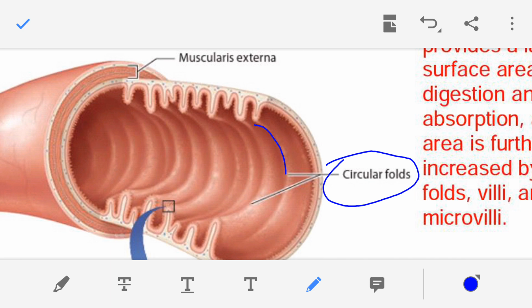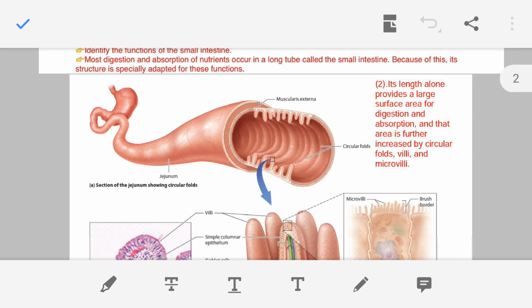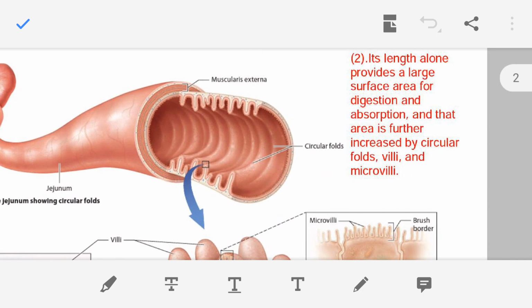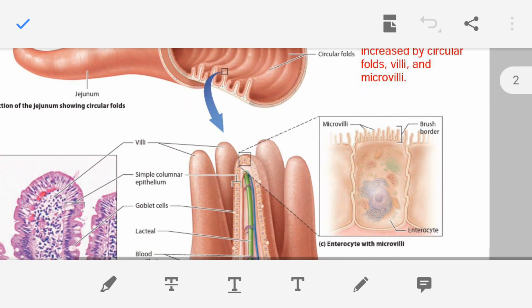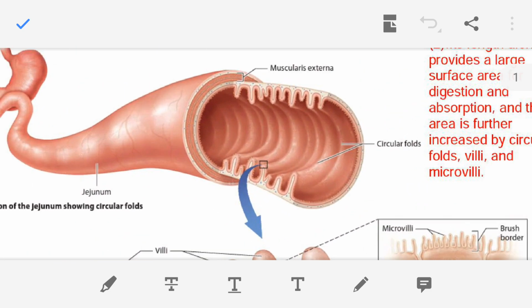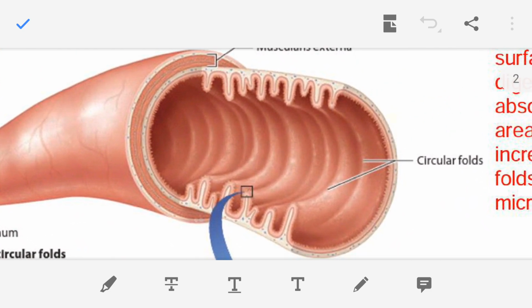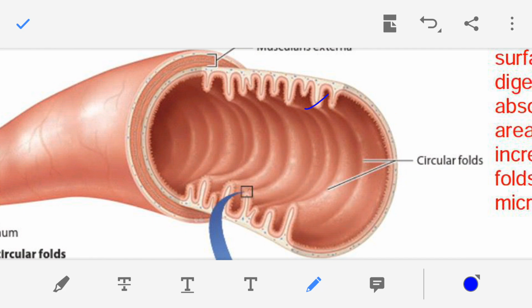These are the circular folds. So circular folds are there. Then the villi are there. Now as you can see, these are all the villi, okay, and many villi join together and the circular folds are made, okay.